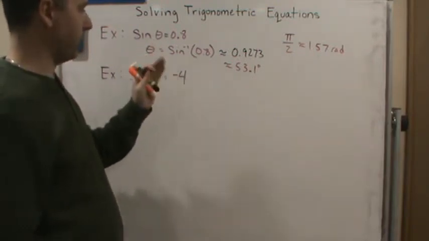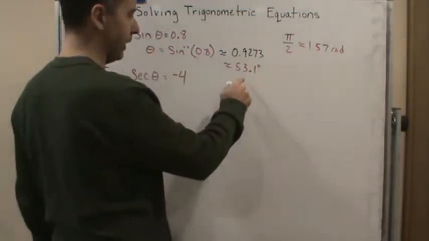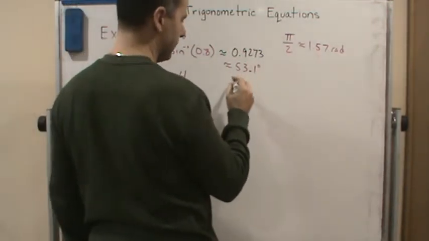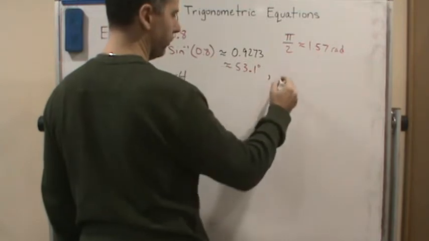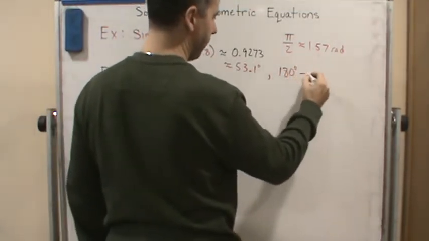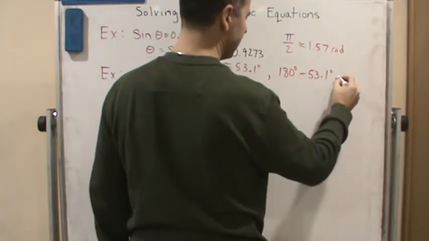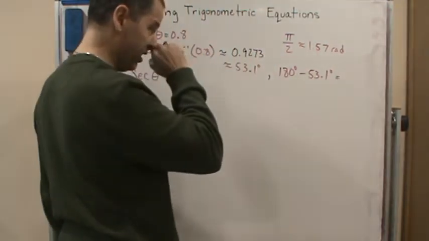Okay, now the other angle, like I said, is going to be in the second quadrant. So to get the other angle, you would have to take this angle and subtract it from 180 degrees. And so if you take 180 degrees minus the 53.1 degrees, it's going to give you, what?